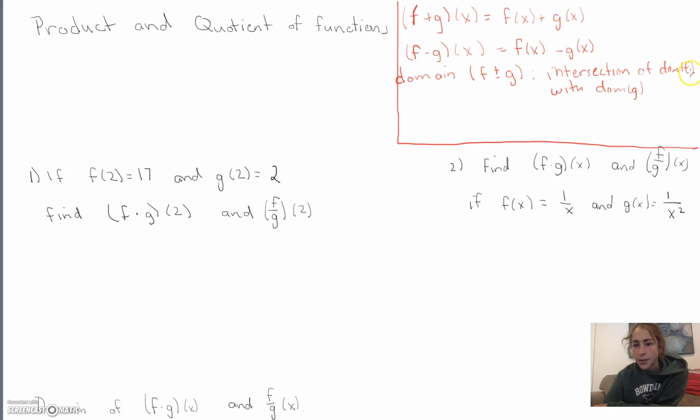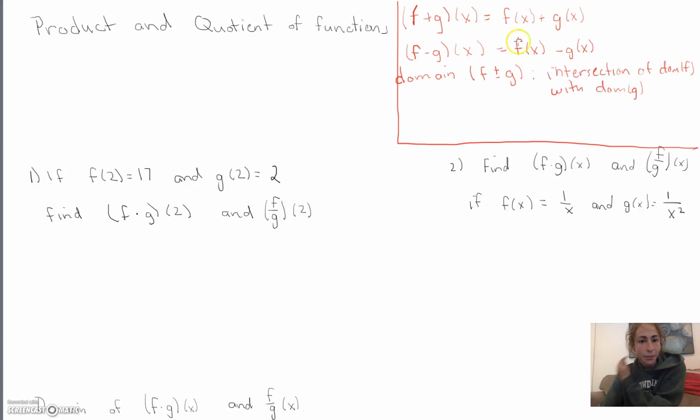This just said take the restrictions on the function f and the restrictions on the function g and combine them to get the restrictions on the function f plus g or f minus g. And that's just because these functions are defined by using the old functions. So whatever values we plug in to f plus g of x have to make sense to plug into f and to plug into g.